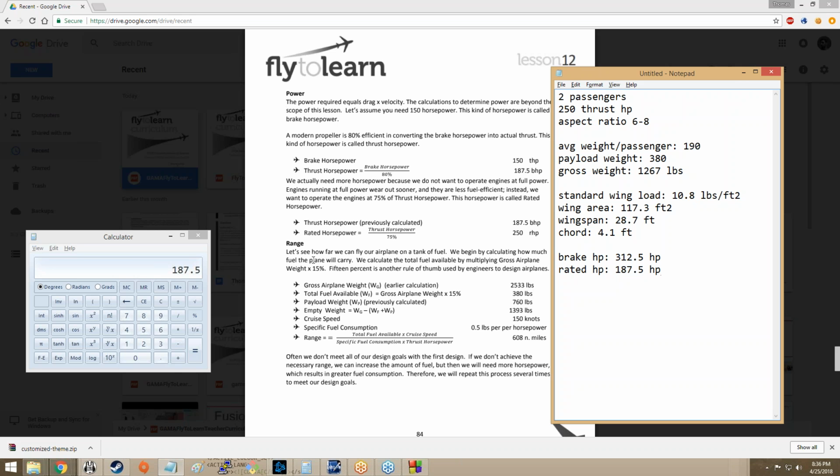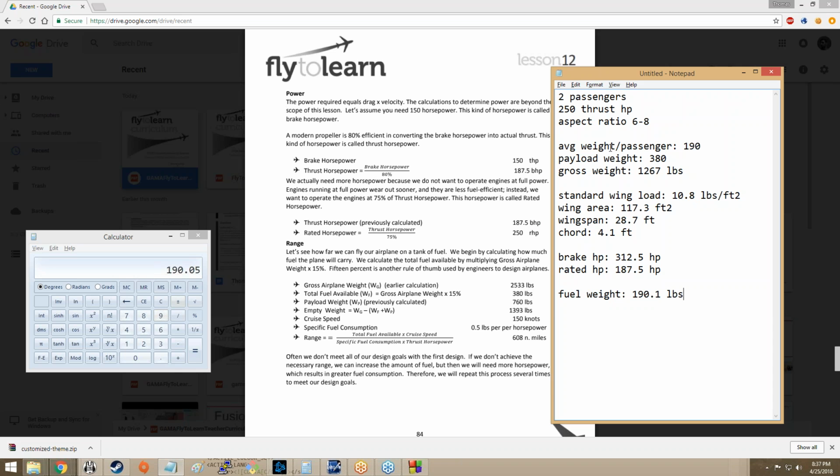So now let's see how far we can fly our airplane on a tank of fuel. If we've got our gross airplane weight of 1,267 pounds, and we multiply it by 0.15, because again, another rule of thumb, we get a fuel weight of 190.1 pounds. So we carry 190 pounds of fuel generally.